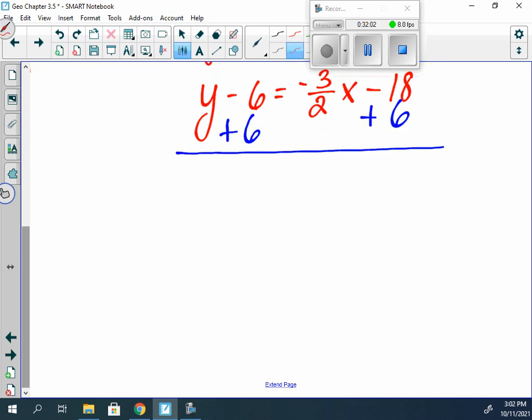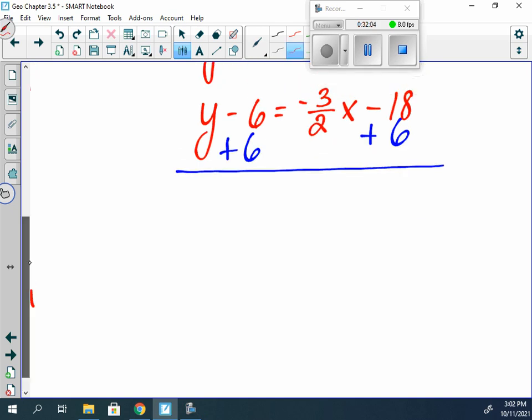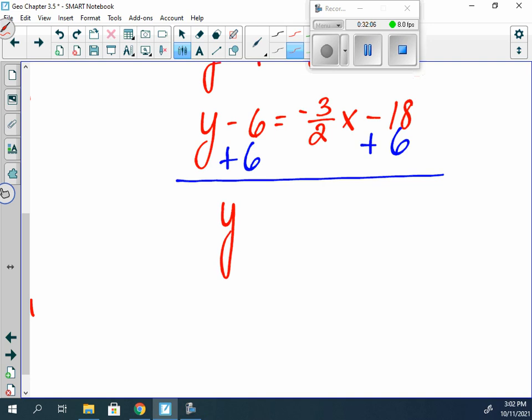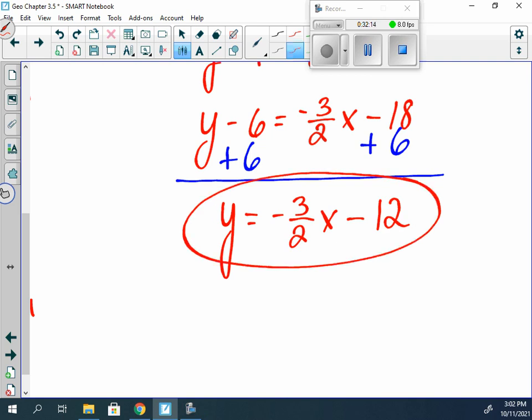And if we add 6 to both sides, y equals negative 3/2 x minus 12, because negative 18 plus 6 will give us negative 12. Any questions on any of this here?